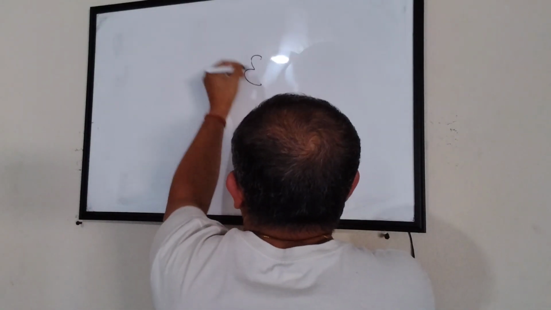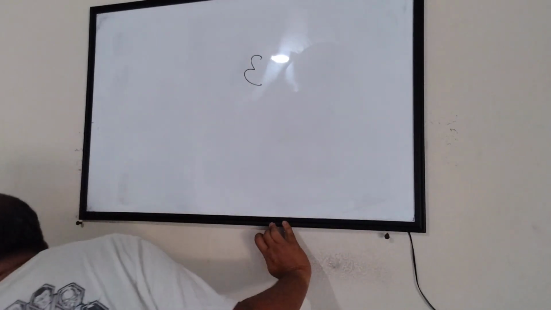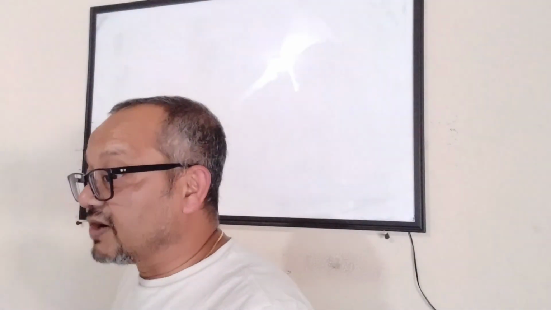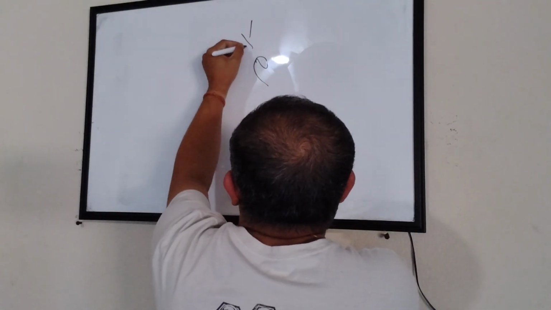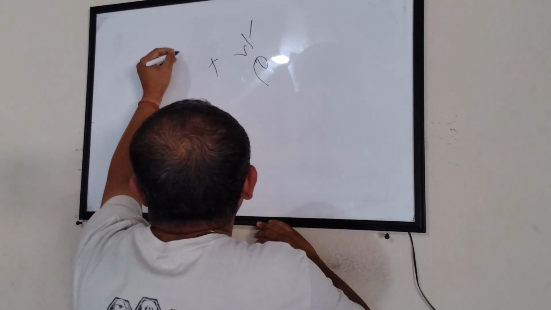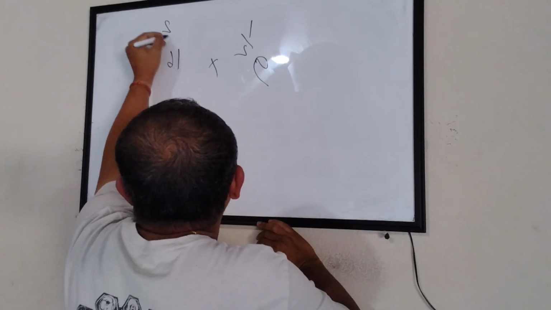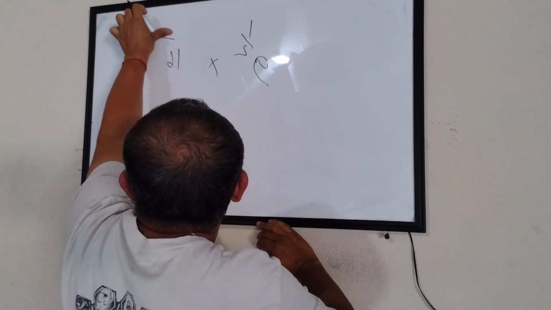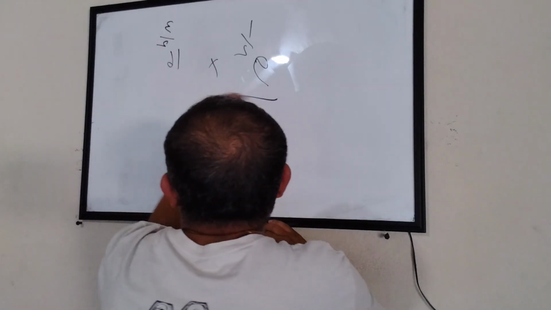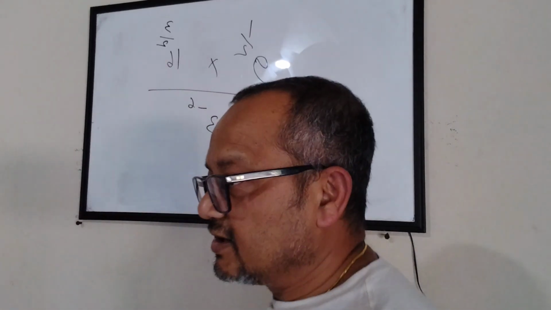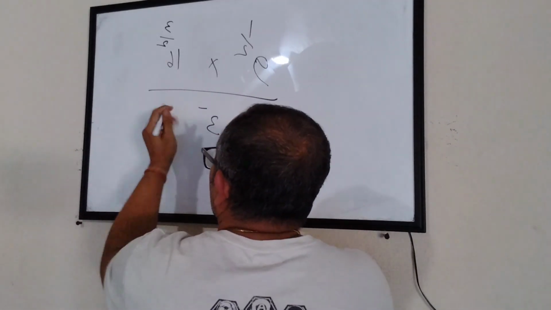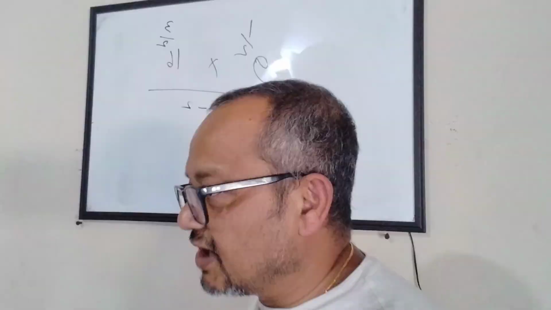Now, if I ask you guys to solve a problem, before I start teaching something, I want to check how comfortable you are, and then I will teach. 9 to the power 1 by 2 multiplied by 16 to the power 3 by 2 divided by 3 to the power minus 6, or let's not make it very big, 3 to the power minus 2. Can you guys solve it and tell me how much it will be?